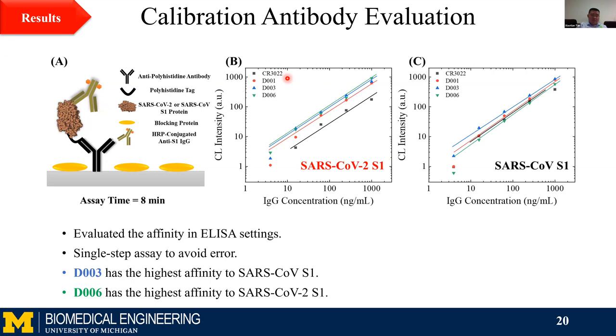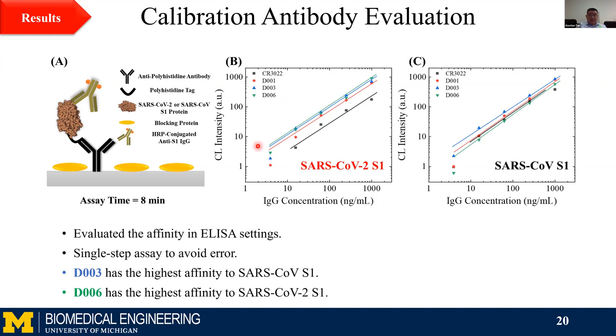It was isolated from a SARS patient, and in February this year, it was reported to have cross-reactivity with SARS-CoV-2. The other 3, D001, D003, and D006, are chimeric antibodies provided by Sino Biological. They were also reported to have binding capability with SARS-CoV-2 S1 protein.